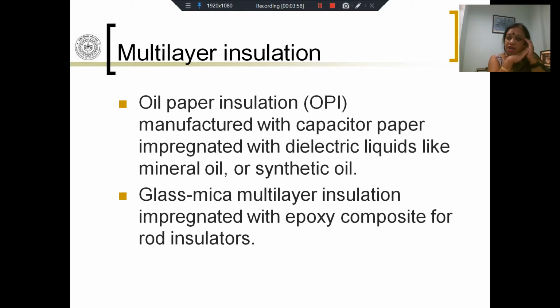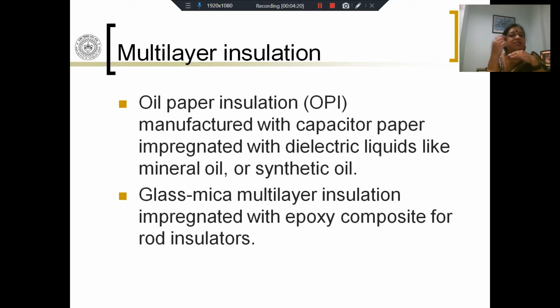Now, whenever you have voids in between two layers, there can be a problem. What we do is sometimes we take this paper and we impregnate it with oil. What this means is that wherever you have voids which are filled with air or gases, when you impregnate that with oil, these voids now become filled up with oil.